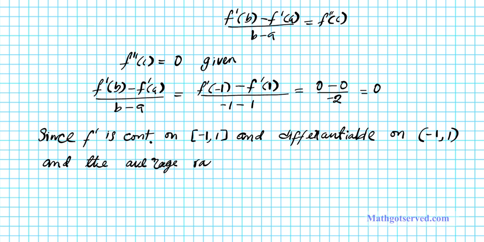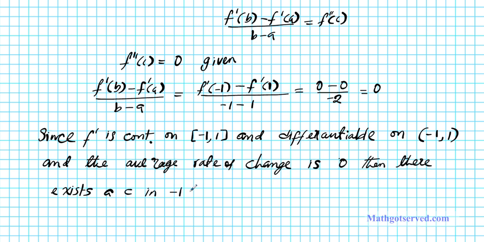rate of change is 0, then there exists a c in the open interval -1 < c < 1 where the instantaneous rate of change of the first derivative, which is f double prime, the derivative of the first derivative.